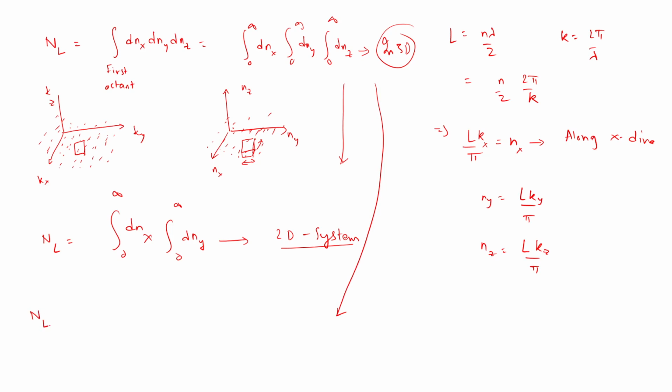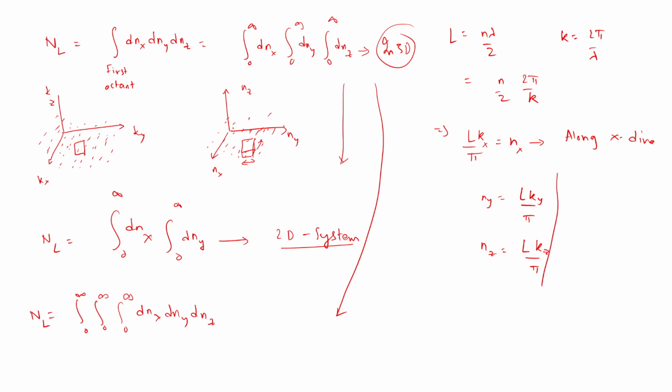So the number of states in L will be given by 0 to infinity, 0 to infinity. Instead of dnx, dny, dnz, we will use this formula.